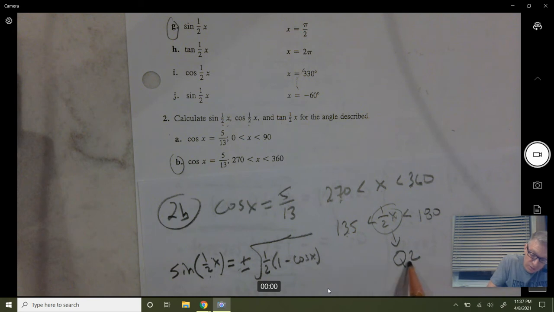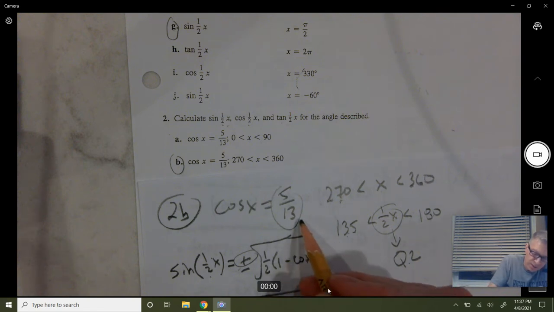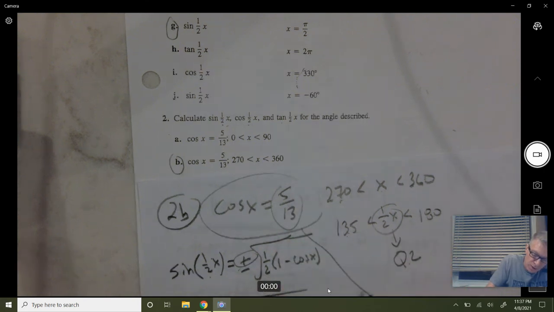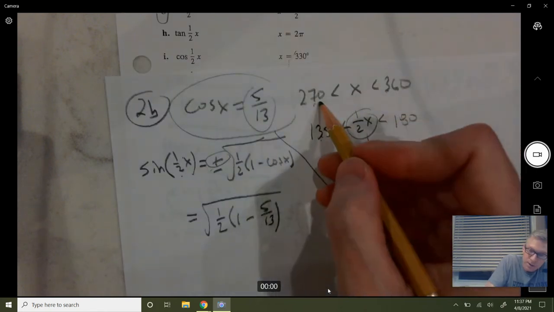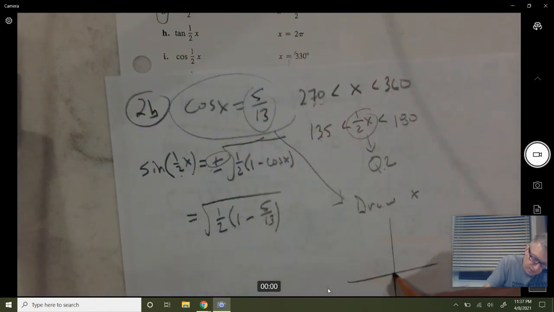1/2 x is in quadrant 2, and in quadrant 2 sine is positive, so we know that's going to be positive. We can drop the plus or minus. Then we've got 1 minus cosine x. Well, cosine x was given. Okay, and then we can simplify. Normally what we do, we actually draw x. We know that x is between 270 and 360.